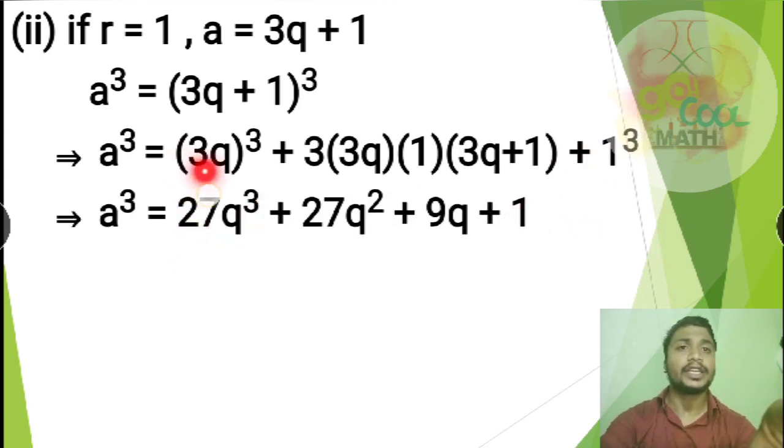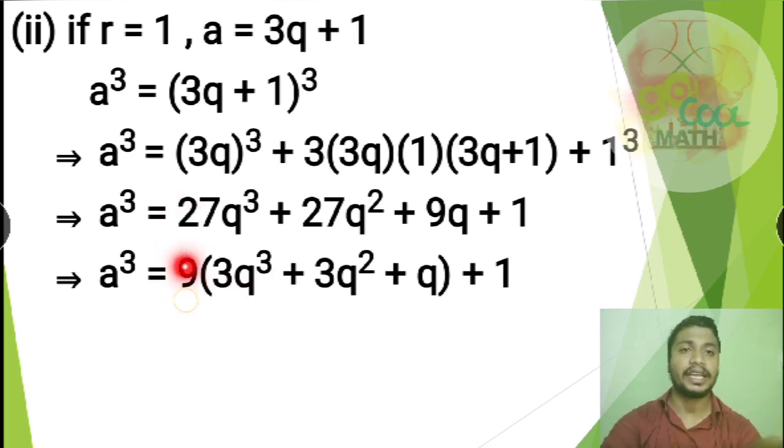So 3q the whole cube is 27q cube. 3 3s are 9, 9q 1s are 9q. So 9q into 3q is 27q square. 9q 1s are 9q. 1 cube is nothing but 1. So take 9 common in these terms.